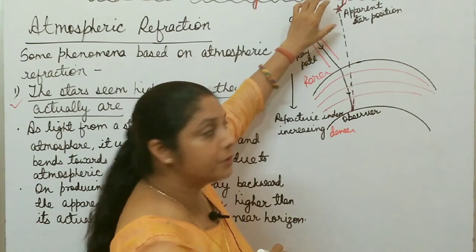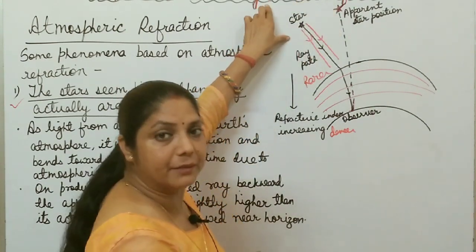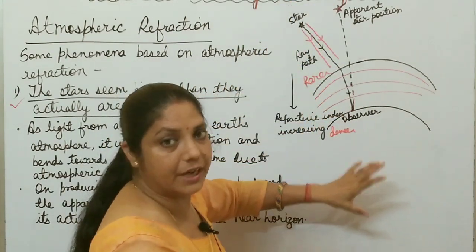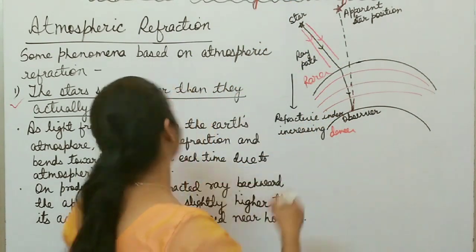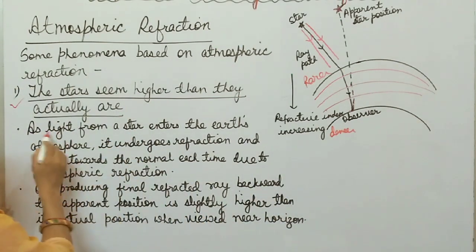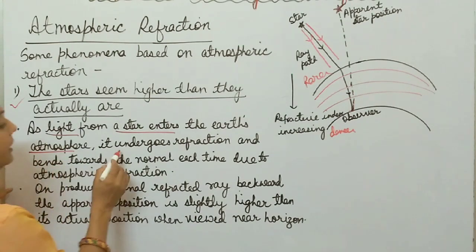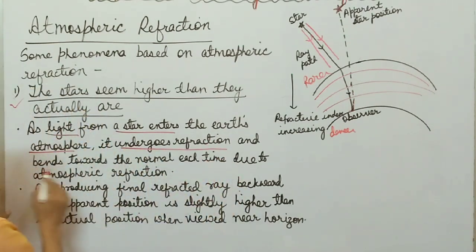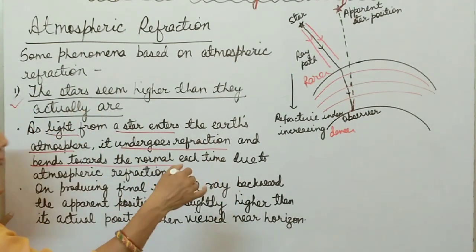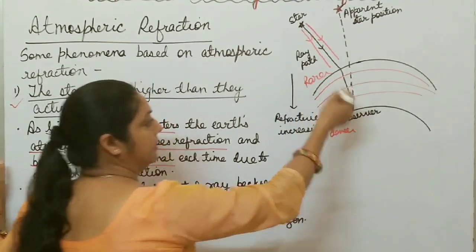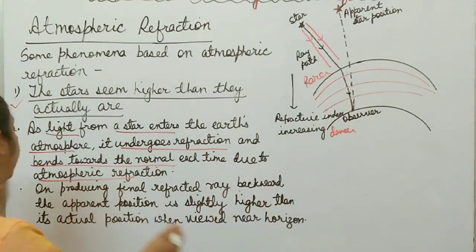This is not the actual position, this is the apparent position, and this position is only due to atmospheric refraction, atmospheric bending, right? So when light from a star enters the Earth's atmosphere, it undergoes multiple refraction, bending towards the normal each time due to atmospheric refraction. At every point it suffers multiple refraction.